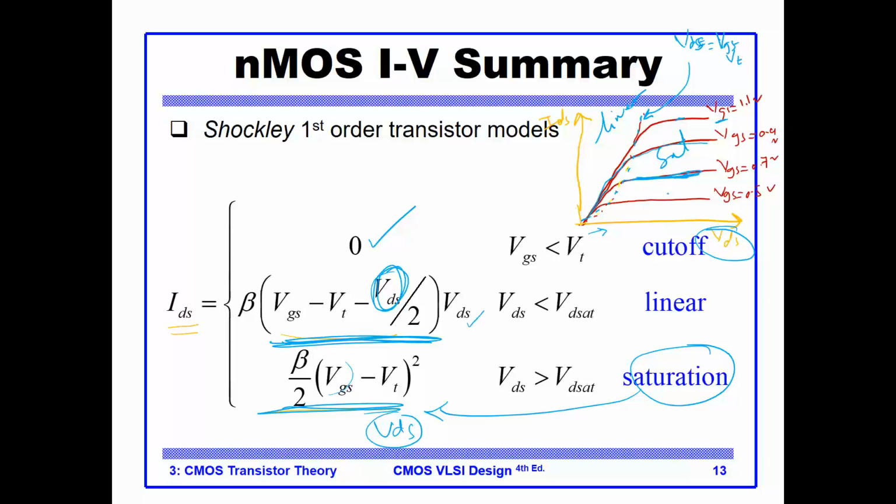Keep in mind that beta equals mobility times epsilon OX over T OX times W, the width of the transistor, over L. As we said earlier, we would like to call this COX.